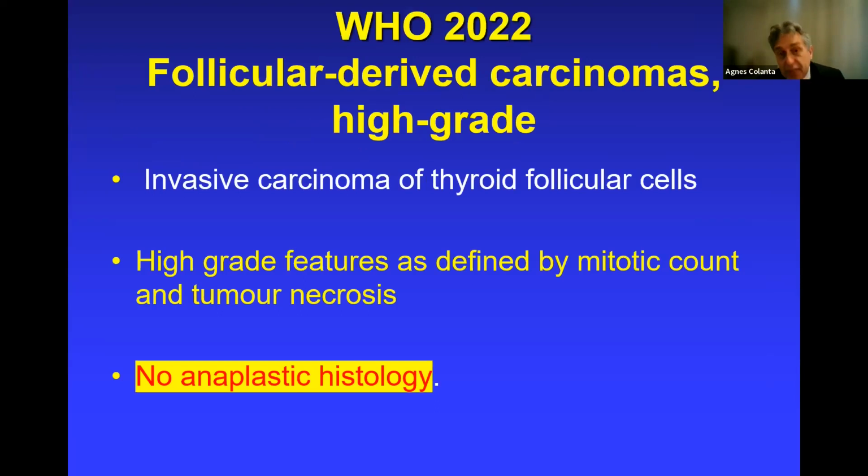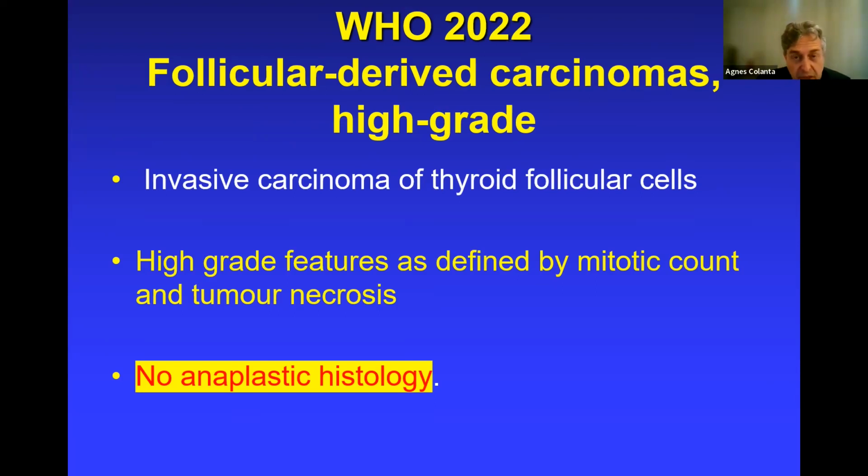So what we did in the WHO, we reconciled these two definitions. So now for intermediate prognosis follicular cell-derived carcinoma, we have one appellation, one name, follicular-derived carcinoma high grade. The tumor has to be invasive, and it has to have high-grade features, either by the presence of mitotic count and tumor necrosis, and very important, no anaplastic histology.